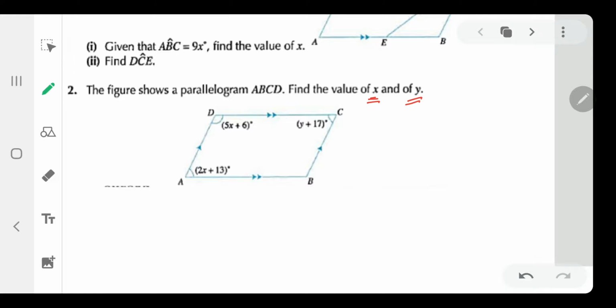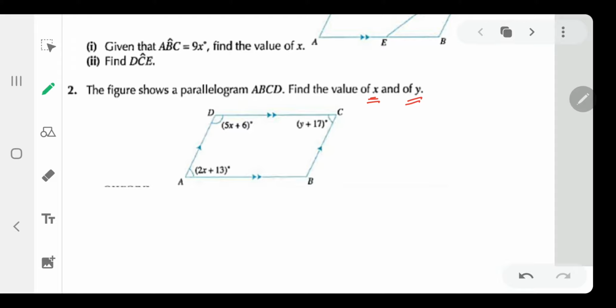Because we have two parallel lines here, there is a transversal, which is this AD. We have already studied that once we have two parallel lines, their interior angle sum must be equal to 180 degrees.